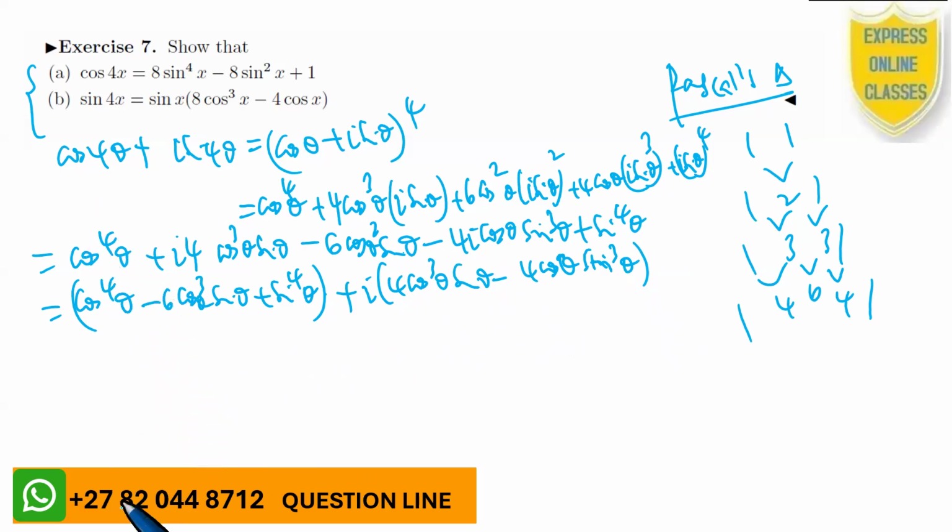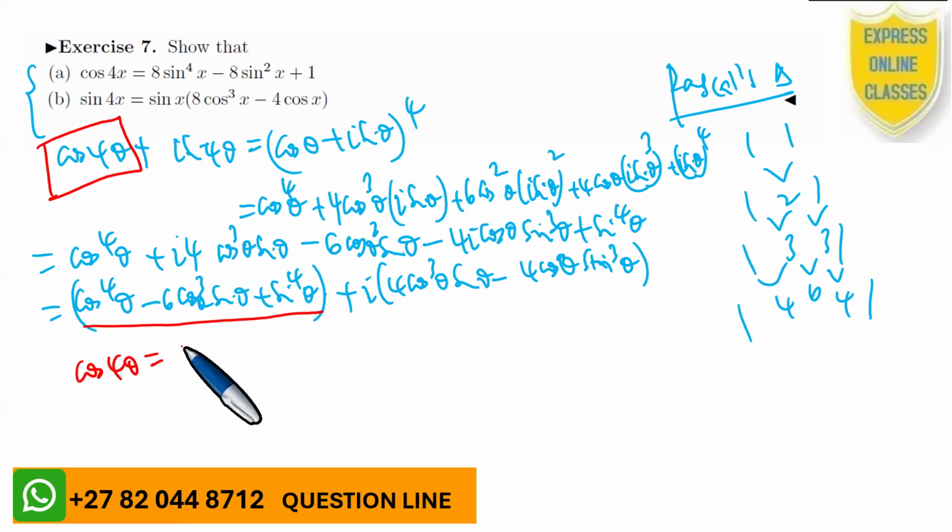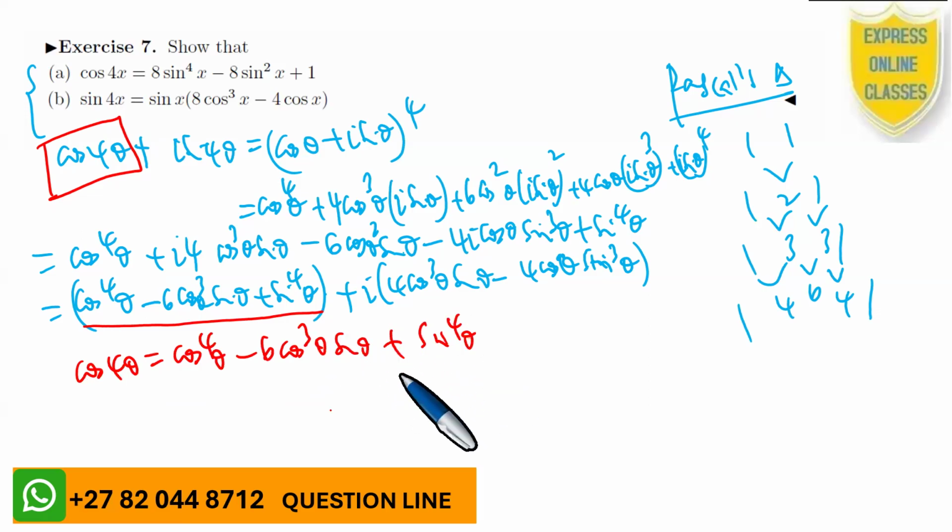So now, which means that if you check the real part, the cosine 4 theta is equal to this. Cosine 4 theta is cosine to the power 4 of theta minus 6 cosine squared theta sine squared theta plus the sine to the power 4 of theta. Okay.